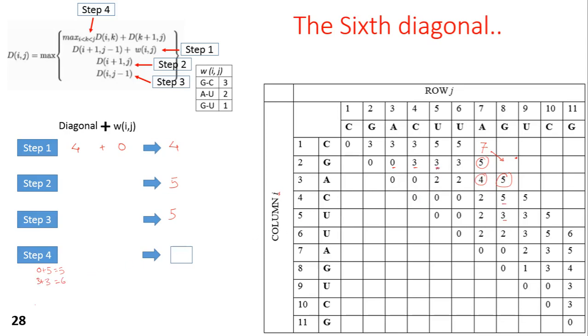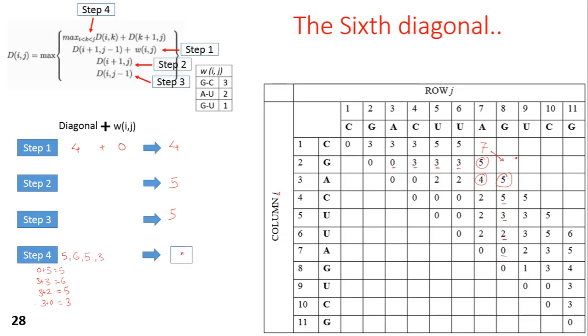Then we need to add this 3 with 2, that will give you 5. Then we need to add this 3 with 0, that would be 3. So which values have we got in this way? 4 values to compare for step 4: 5, 6, 5 and 3.